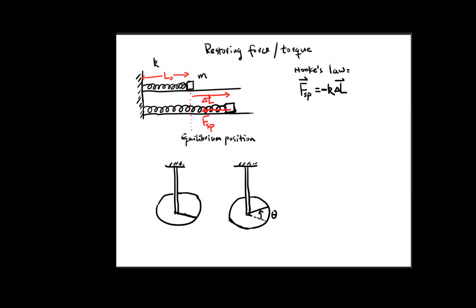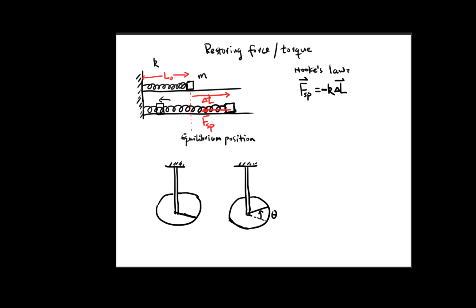Another example here would be when this mass arrives at the equilibrium position, but it will not stop here, because right now it's going to have some velocity, and it's going to keep going to the left side until a maximum compression, probably here, symmetric with respect to the equilibrium position.